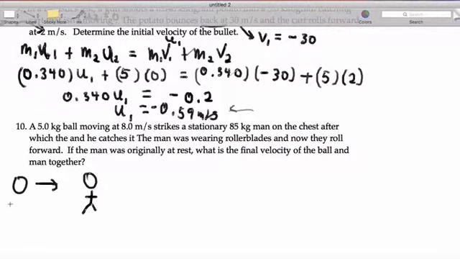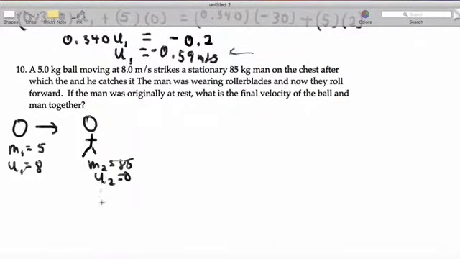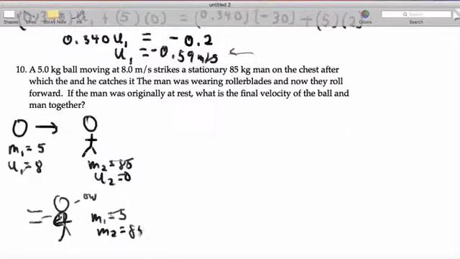So m1 is 5, and u1 is 8, m2 is 85, and u2 is 0. Then what happens is that they actually travel together. So m1 is 5, m2 is 85, and v1 equals v2 equals some unknown number.